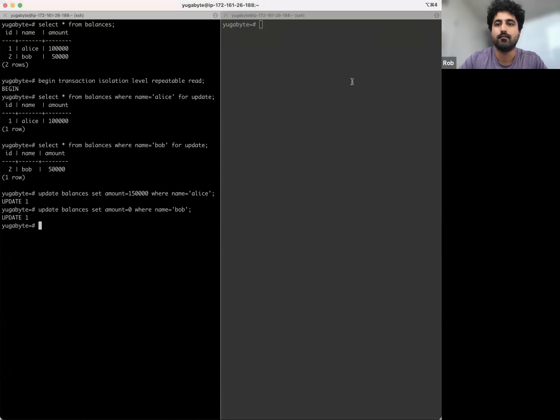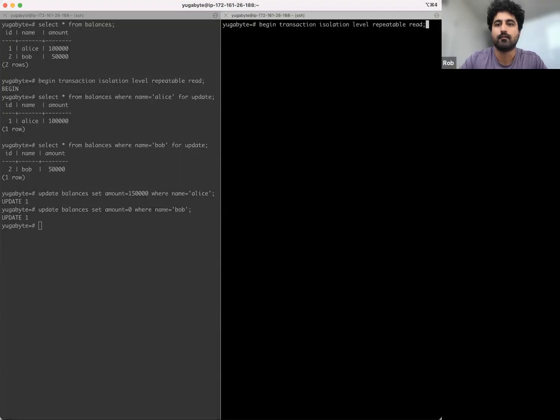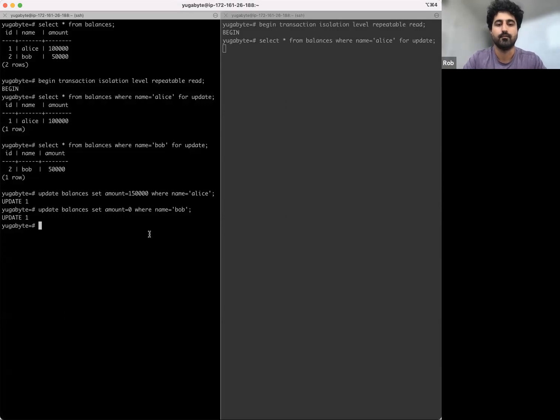And in this session, right, so in the second session, when we try to select the balance of the account, we see we block, whereas in optimistic locking, one of these transactions would be rolled back.